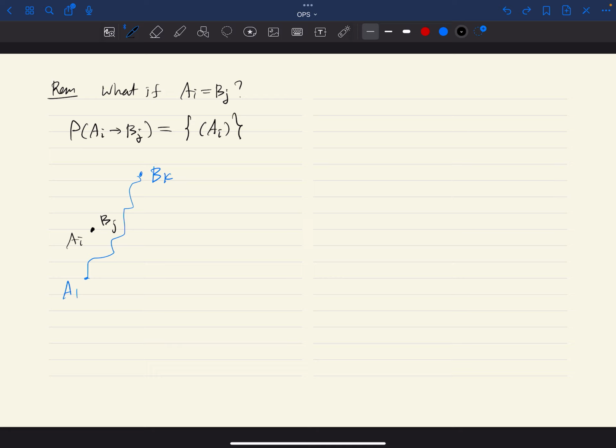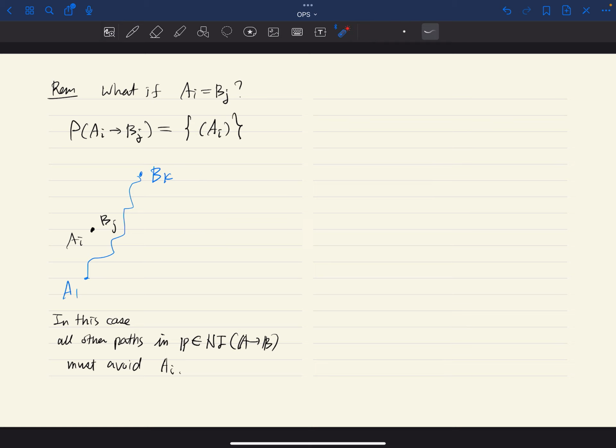So in this case, all other paths in a non-intersecting lattice path from A to B must avoid this point AI.